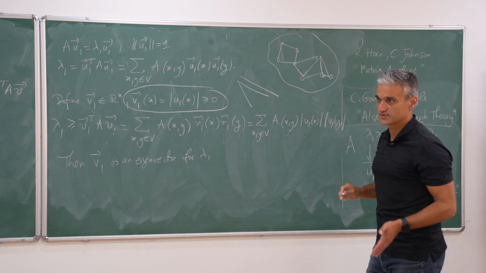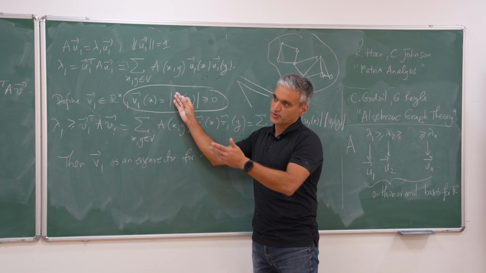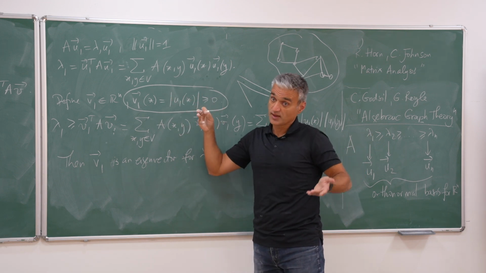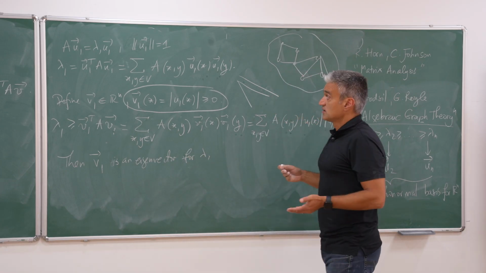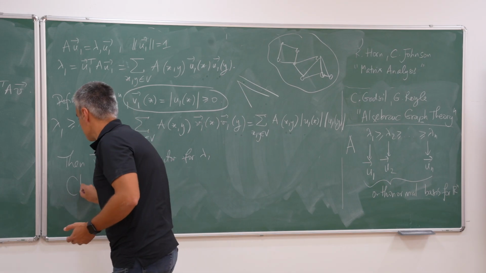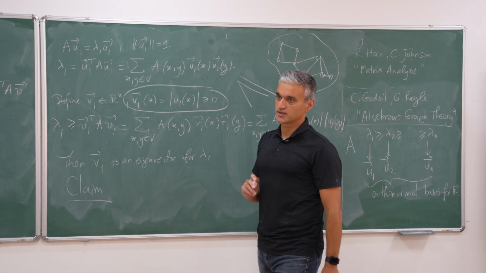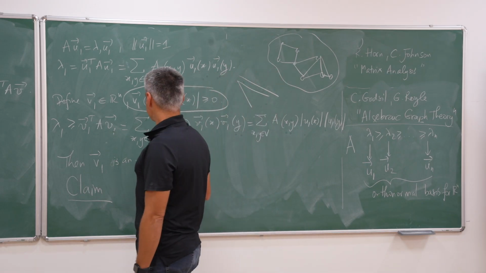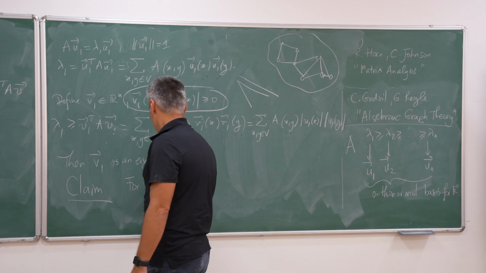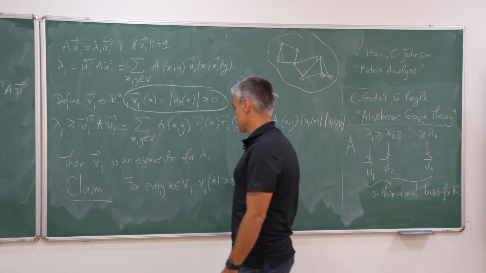Okay, so now let's say this is my graph. You have the graph, it's connected. And now we picked this one because we thought that this is going to be the one that's positive. So you have to play kind of devil's advocate, which is figure out what happens. Let's put our money on something. Let's make a claim: for every x in V, V1(x) is positive.